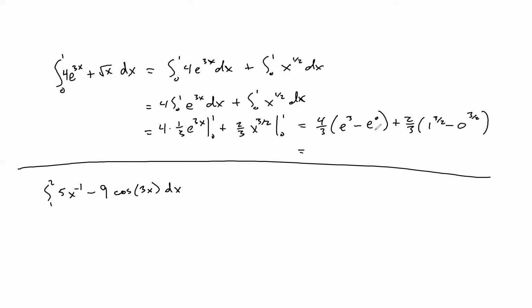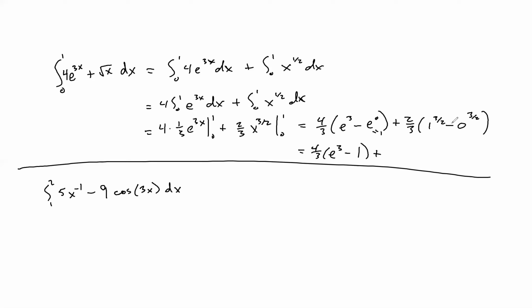E to the 0 equals 1. So this is 4/3 times e cubed. Now again, e cubed, that's some ugly decimal number. Don't bother writing the decimal, just leave it as e cubed. But e to the 0, I can go ahead and write that as 1 to clean it up a little bit. 2/3 times 1 to the 3/2. 1 to the 3/2 is just 1.